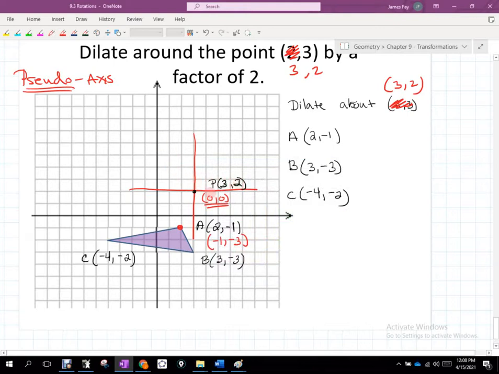I'm making 3, 2 now the origin, 0, 0. To get to A from this new 0, 0, this pseudo origin, I'm going to move left 1, down 3, correct?